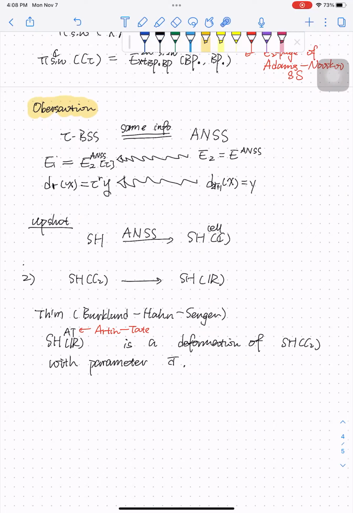The Artin-Tate category is the correct replacement for cellular in this case, because you want to include things like the suspension spectrum of C2.